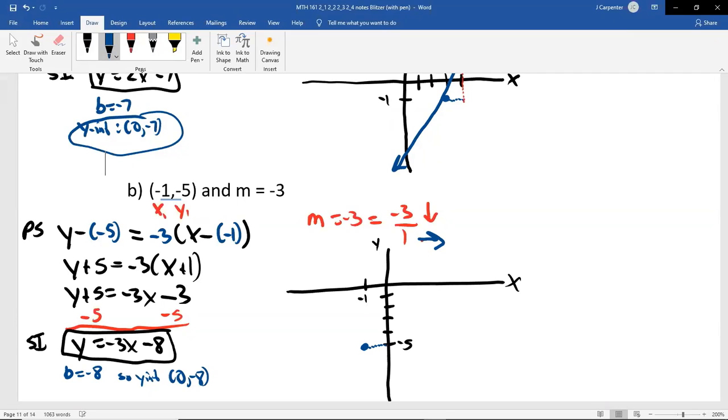Here's me going right 1 to x equals 0. And then we're going to go down 3. So that'll take us to -6, -7, -8. So here's this going down 3. Boom, there's our second point. Right 1, down 3. Or you can go down 3, right 1. You still end up there. Connect and extend.